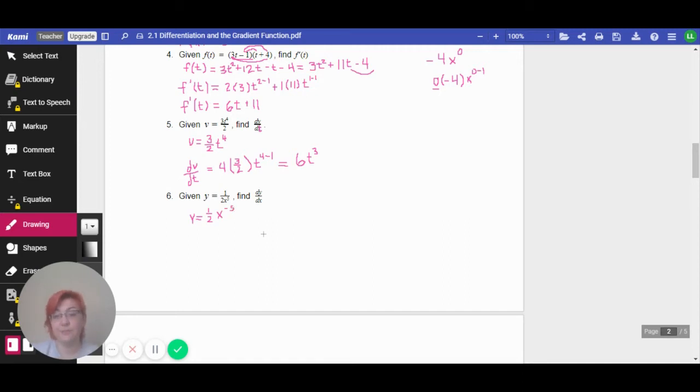Because remember, a negative exponent puts it on the bottom of a fraction or in the denominator. So let's find dy over dx, or the derivative of y with respect to x.